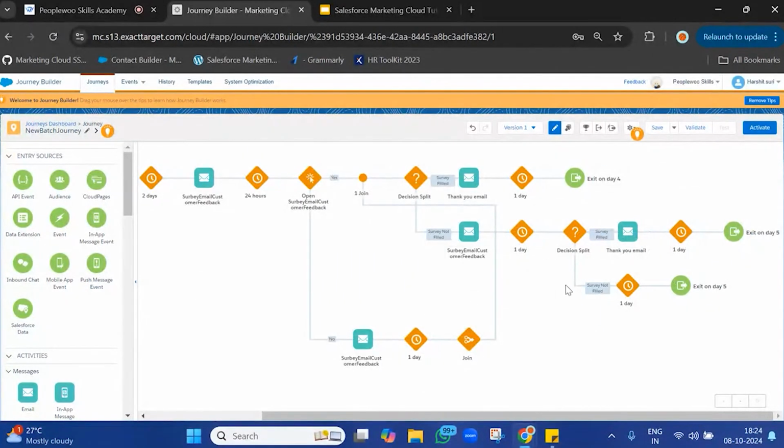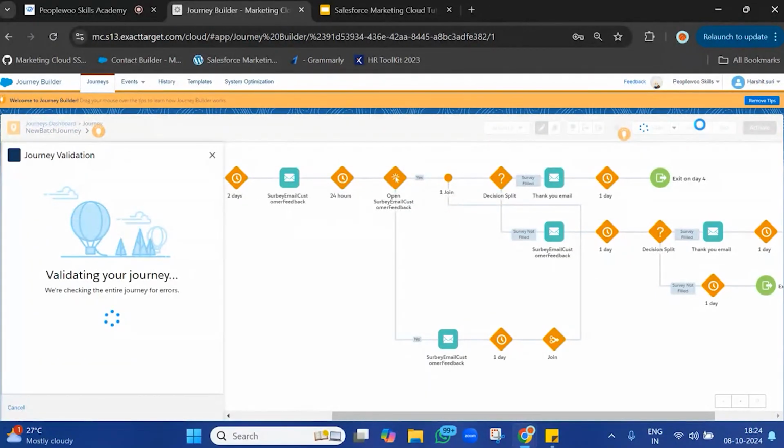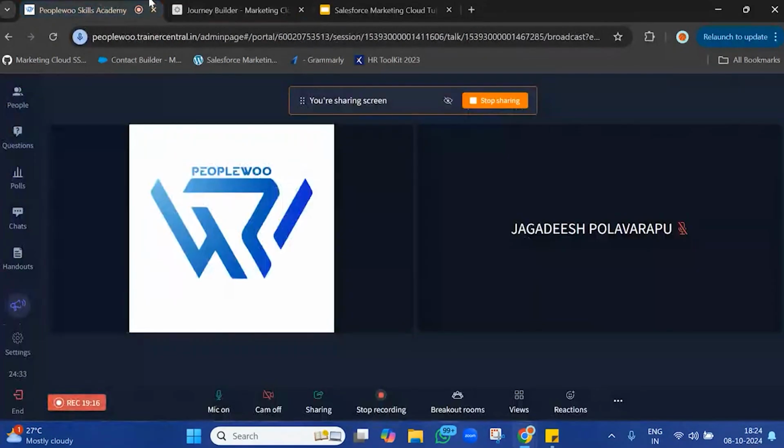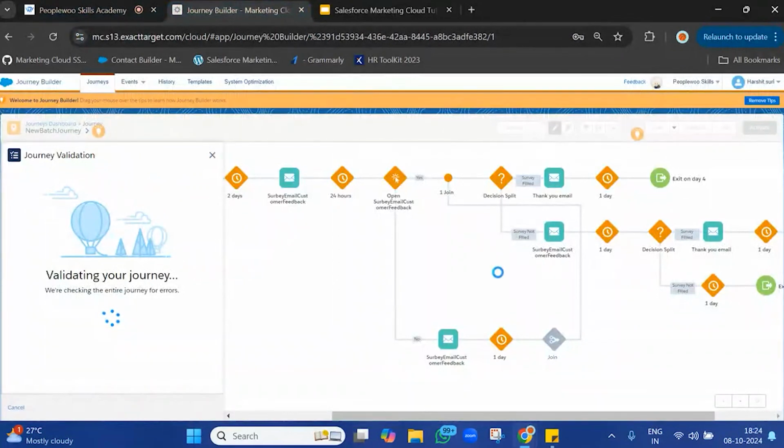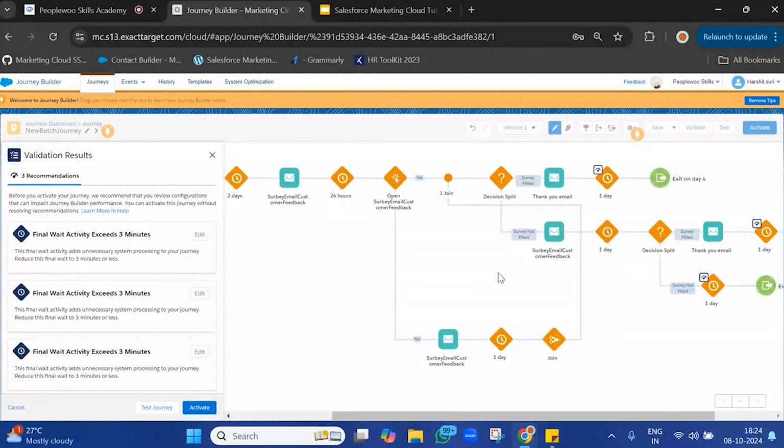Now once we have done this, we will click on the validate option. Validate helps us understand if there are any possible errors within the journey. So there are no errors, but there are some recommendations.